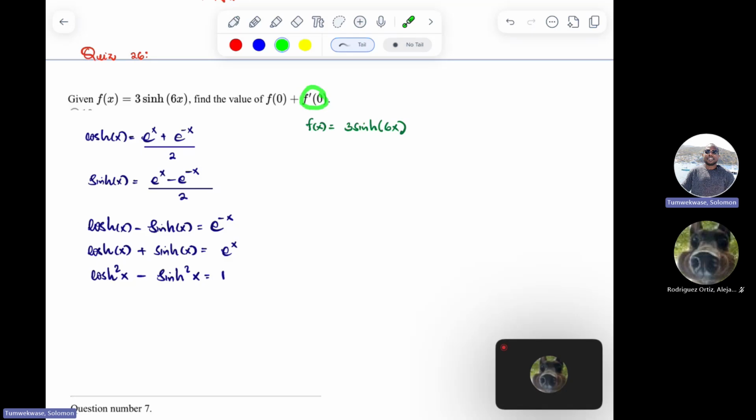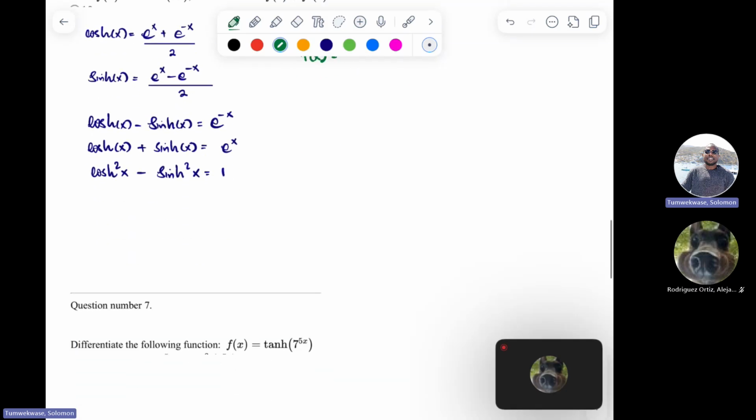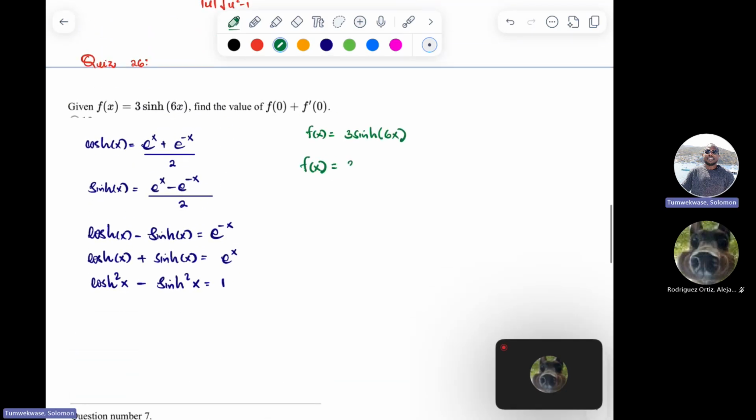We need to take a derivative of this, so you can take the derivative right here, or you can first modify the function so that you write it in terms of the exponential.